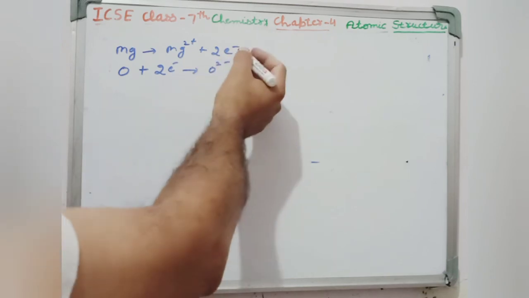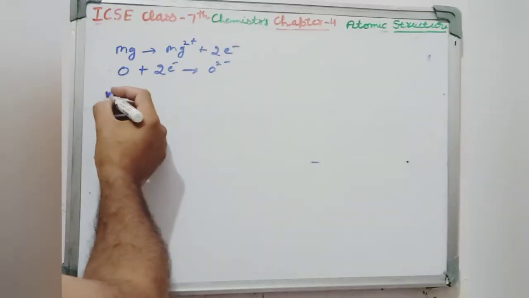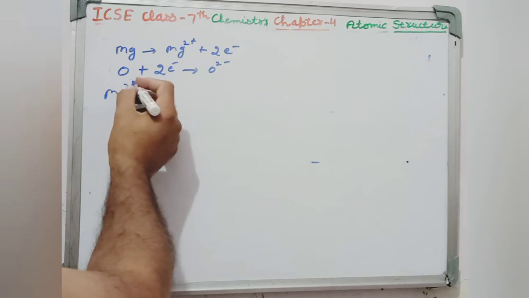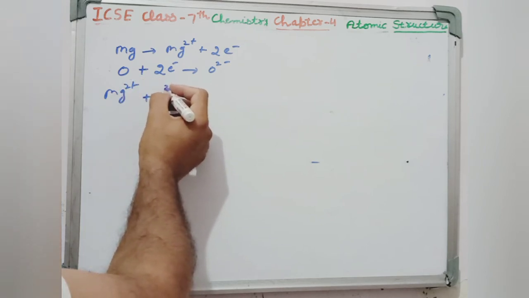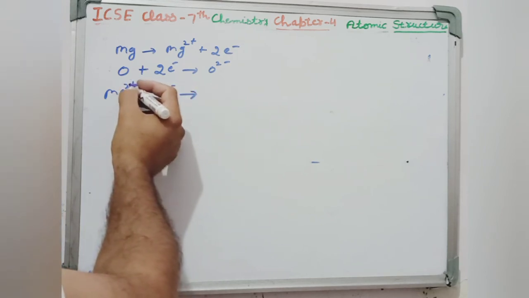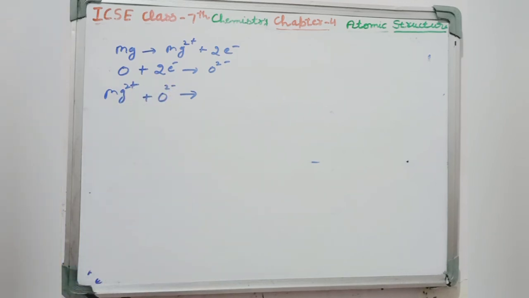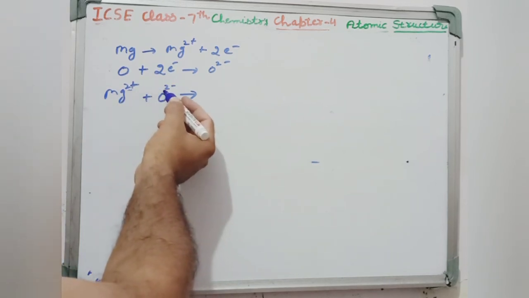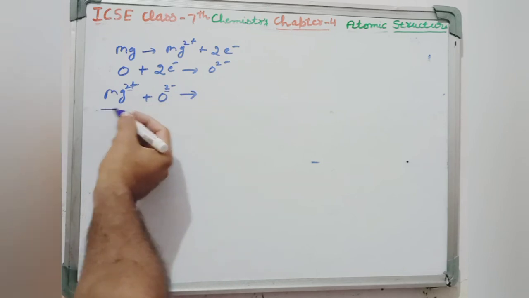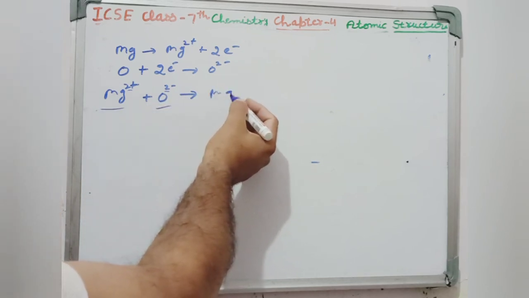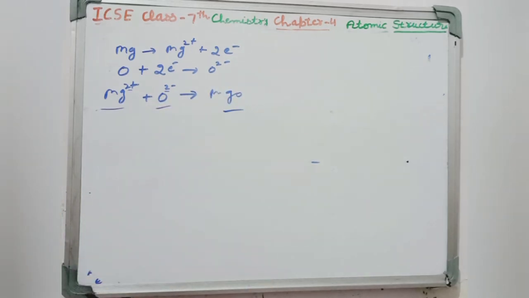If we want to combine them, Mg2 plus and O2 negative, then this 2 plus and 2 minus cancel, and the product we will get is MgO, that is magnesium oxide. Right?